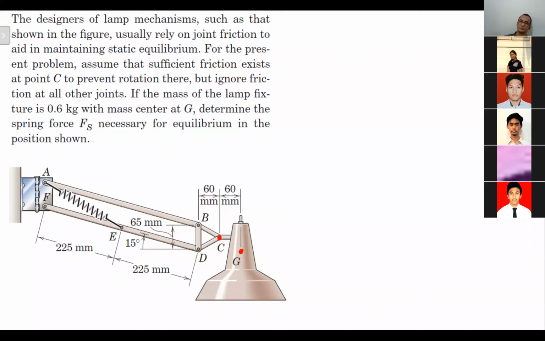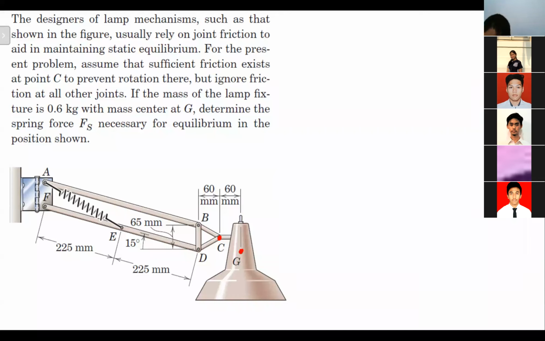There are a lot of two force members. Try to help me find them.